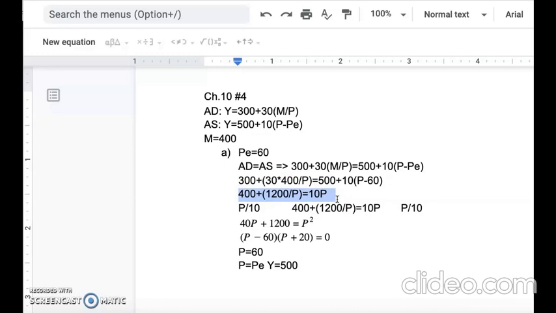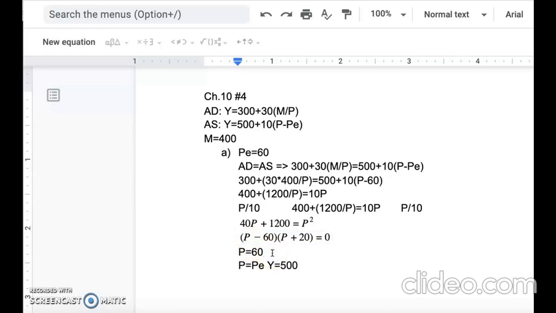We multiply both sides by P divided by 10, and we will get our equation looking like that. Then this can be factored into (P minus 60) multiplied by (P plus 20), which equals 0.